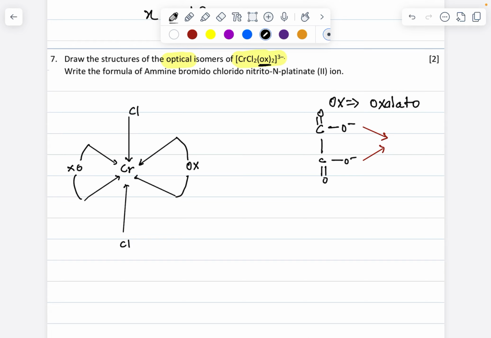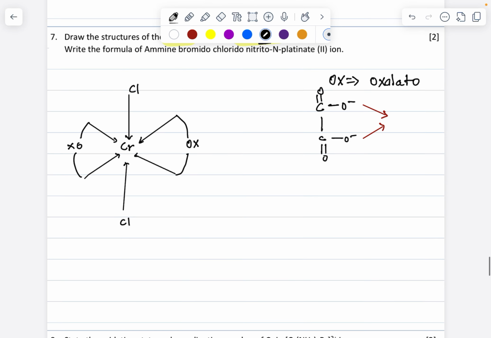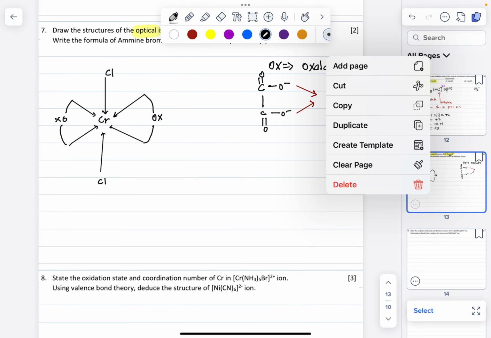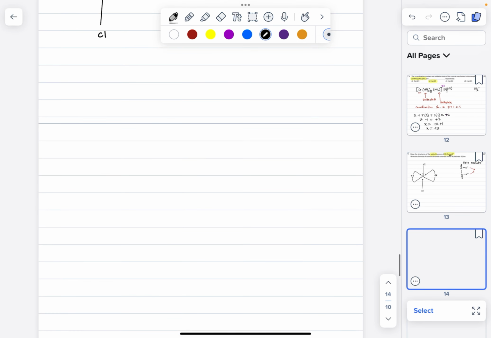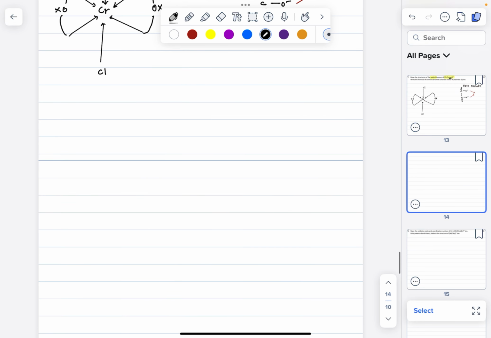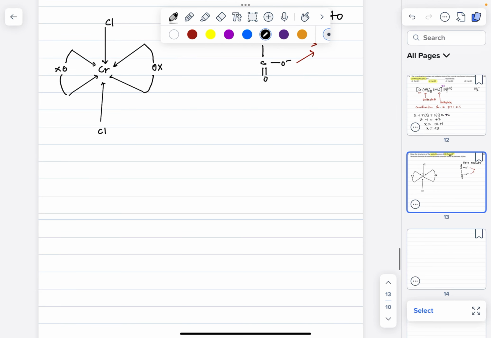Now the structure is not a planar structure. As explained earlier also, this structure is something this way. If I want to consider this as the chromium, the structure is this way.